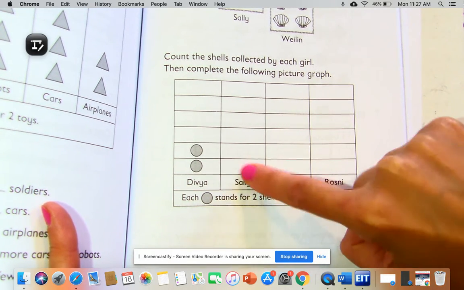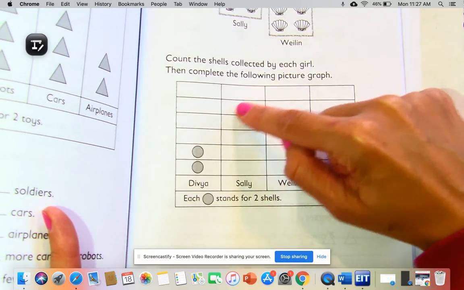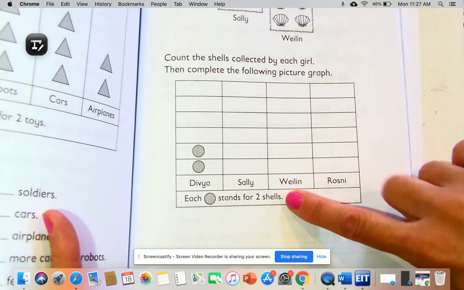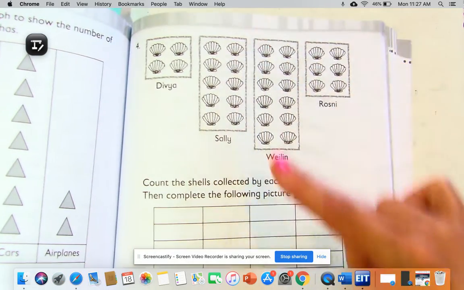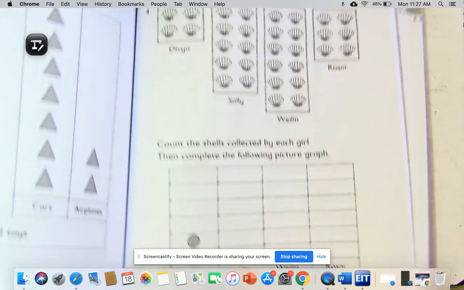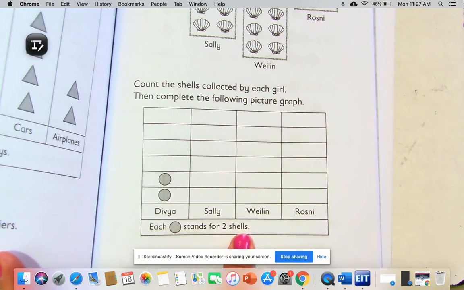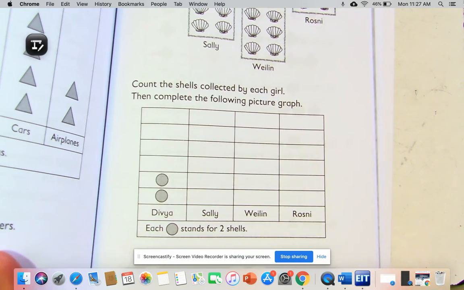It's 5, right? So we'd have 5 circles. So with your pencil, you're going to make 5 circles. And then 5 circles would represent 10 shells. So again, we're just kind of using this information to create our own picture graph. The challenge will be that each circle needs to stand for 2 shells. All right, so that is your homework for today.